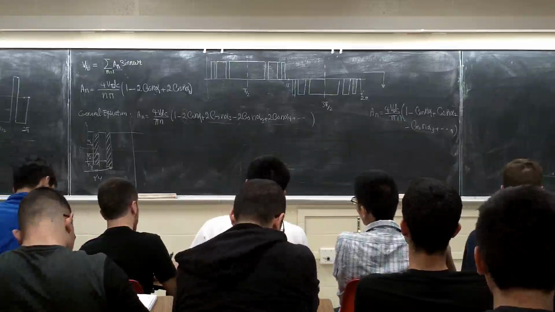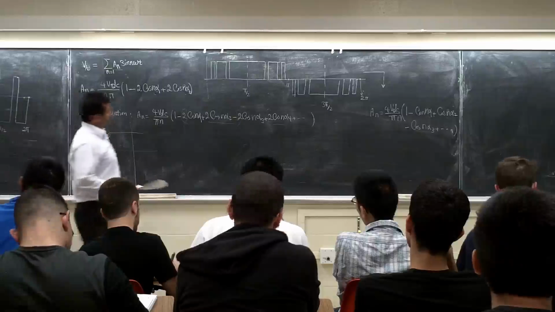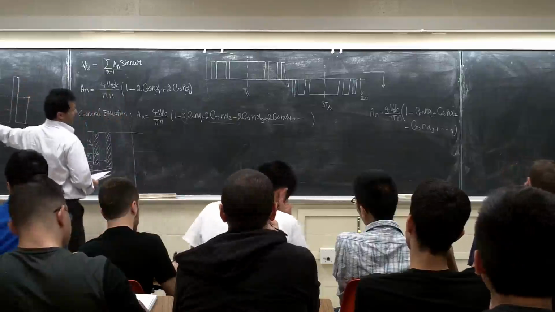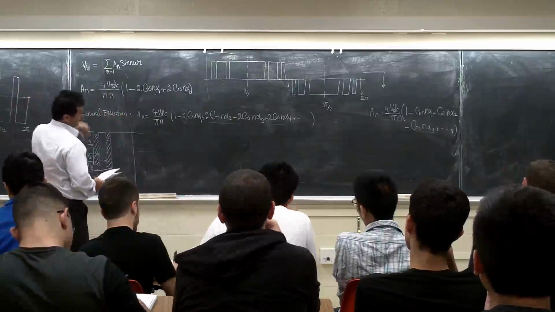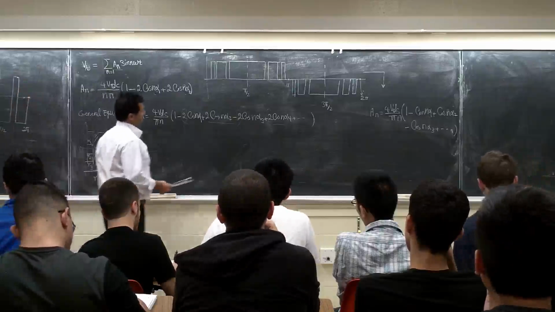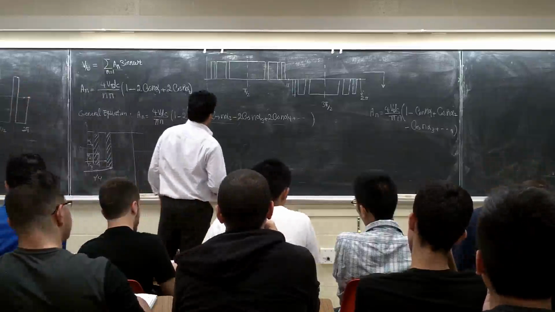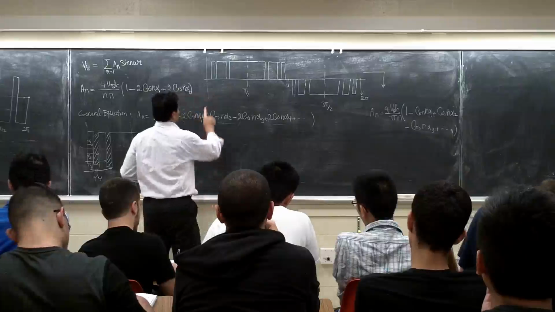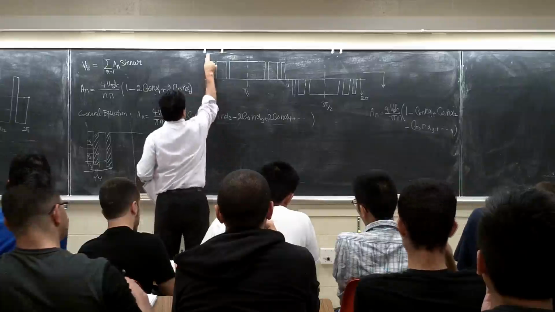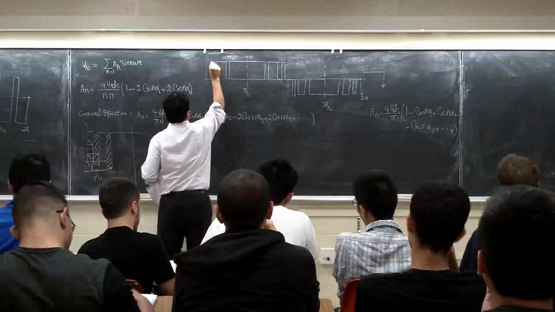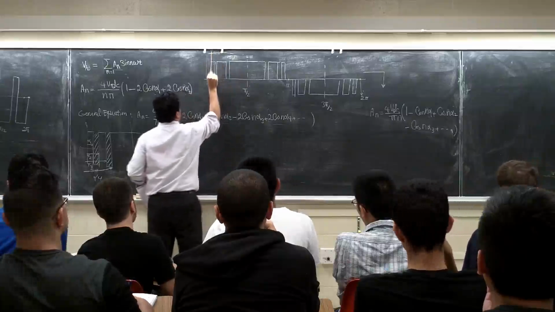I plot it a little bit different here. Actually, if I'm going to plot it like this, let me correct that a little. Yeah, let me do it this way. The axis is here, because it should be like that one.